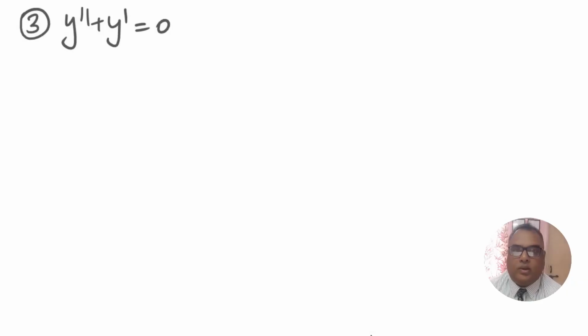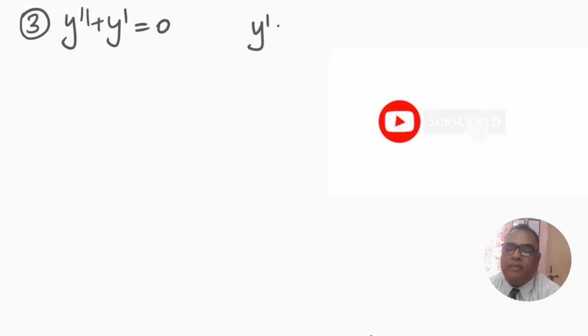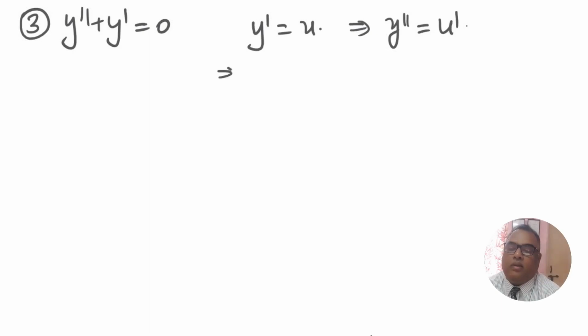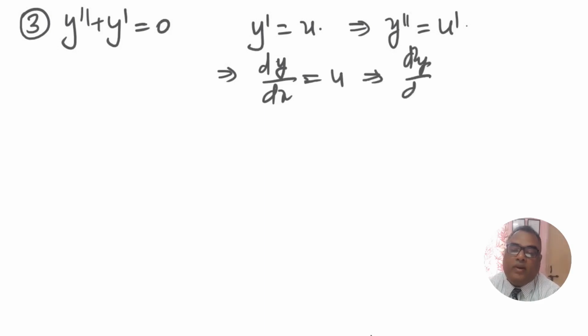So this is the third question which is available in the book, and this is not at all difficult, it's quite easy. Let us assume y prime is equal to u, therefore y double prime will become u prime, or this can be expressed as dy/dx is equal to u and d2y/dx square is equal to u prime.